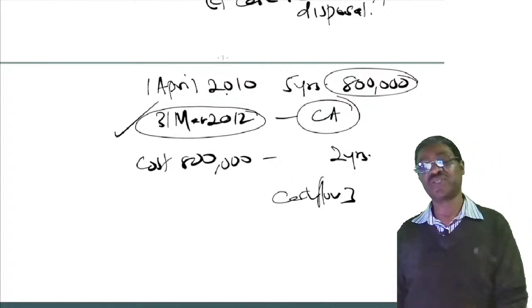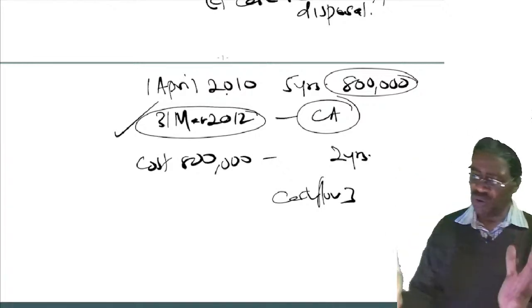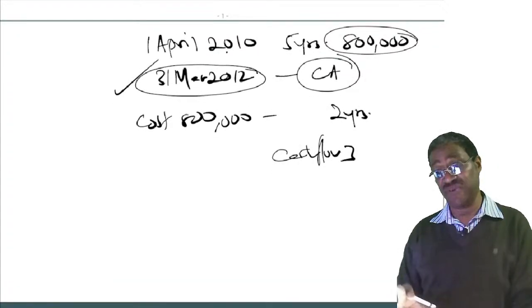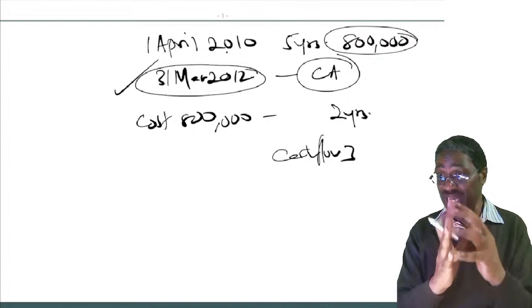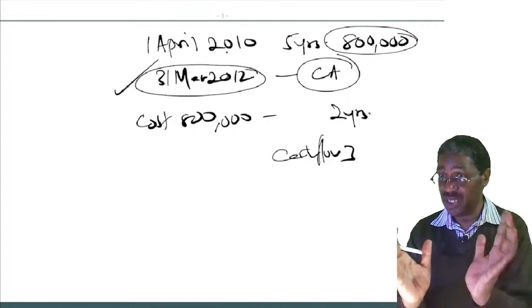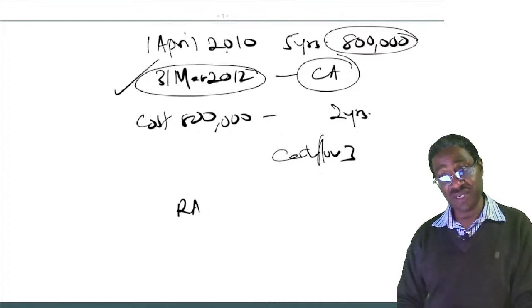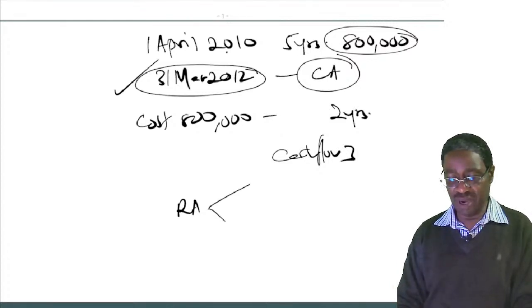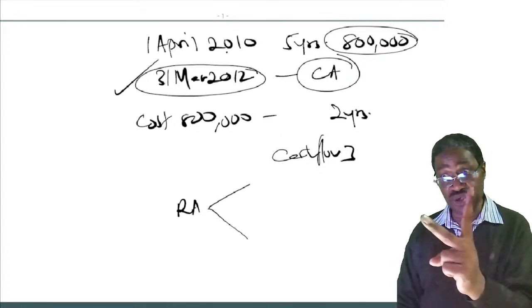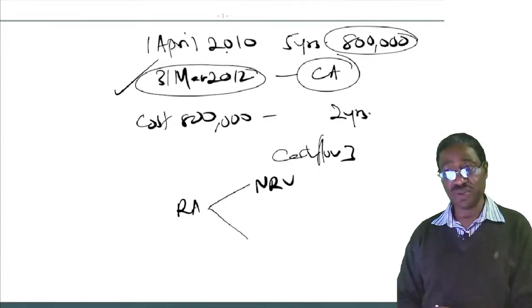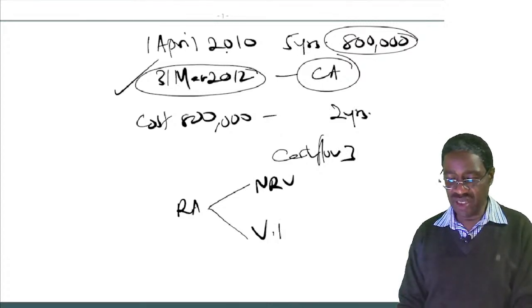Good. So that is the facts of the question, and I hope now you can get what the examiner is trying to derive at. First we compute the carrying amount. That's not given. Then we determine the recoverable amount. To get the recoverable amount, you compare two values: 1, net realizable value, and 2, value in use.